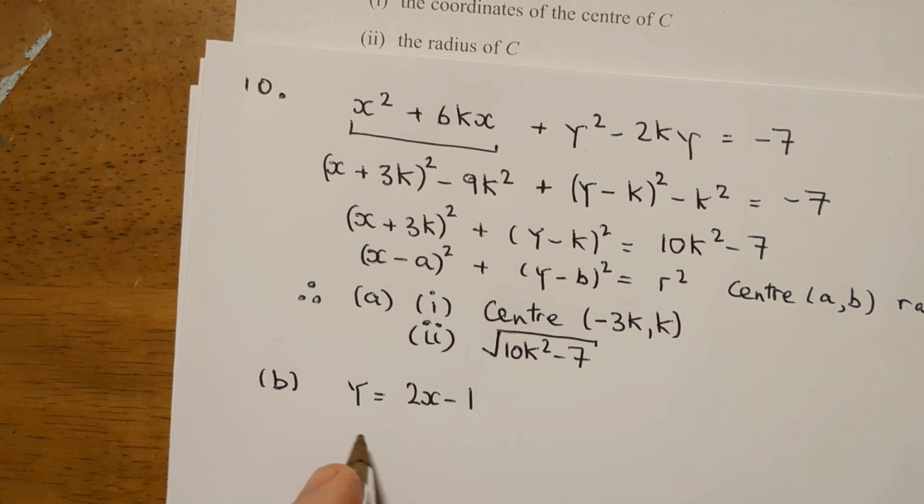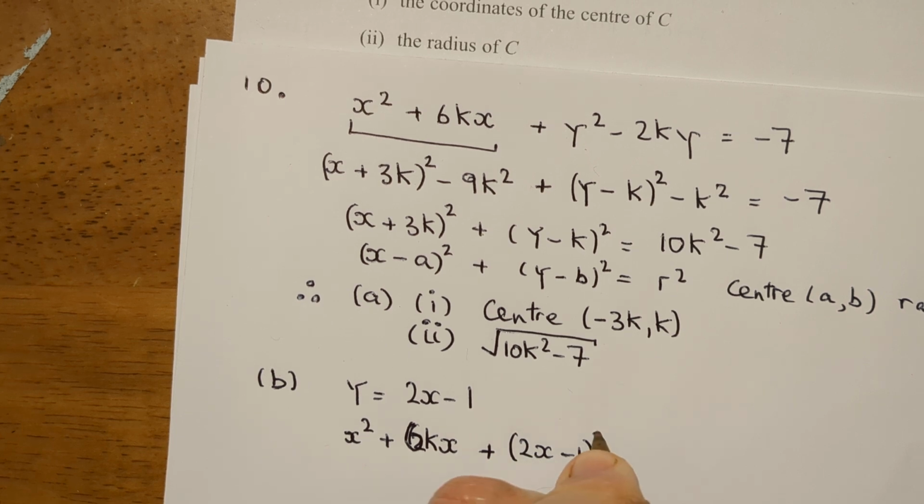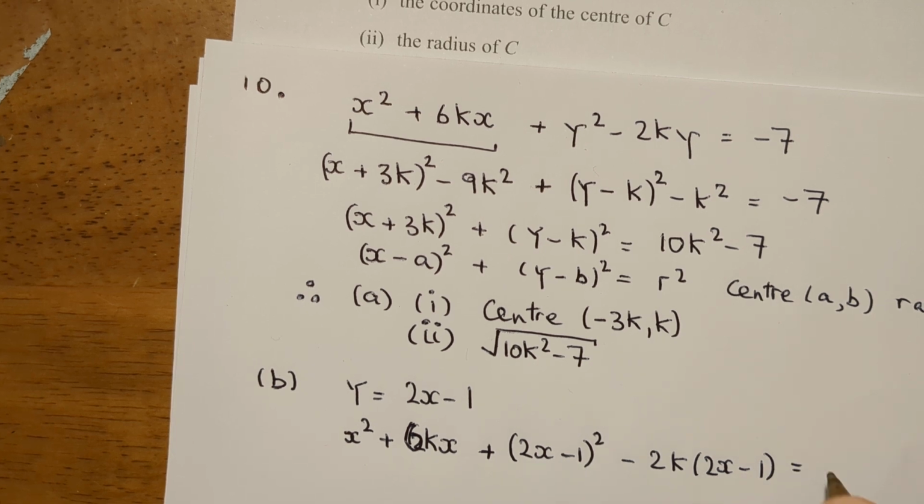So we get x squared plus 6kx plus y squared. Well, y is 2x minus 1, so it's going to be plus (2x minus 1) all squared, minus 2 times k times (2x minus 1) equals minus 7.